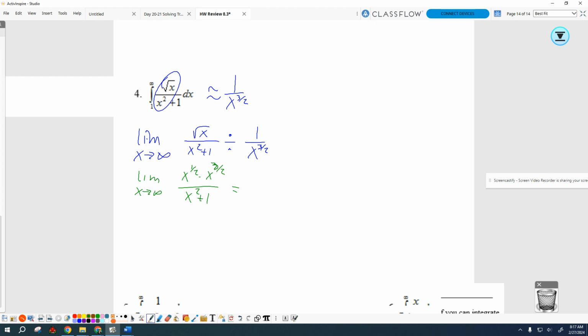You don't need to do L'Hopital's in this case. This is a pre-cal thing. You could do it last year. Forget the whole thing from L'Hopital's. Where does this go? 1. Because it's not top heavy, it's not bottom heavy. It's just same power. It's the coefficient in front of both of those, 1.